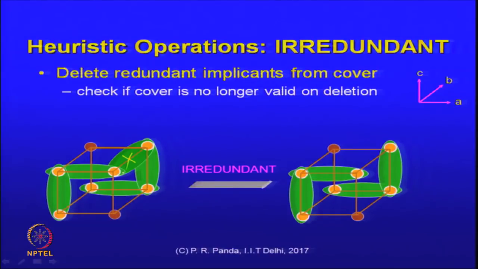In the remaining implicants after the dropping of that particular implicant, it must be that all the points in the onset are still covered. If they are not, then it is a wrong function. So, that check needs to be done in the process of identifying an implicant to be dropped.